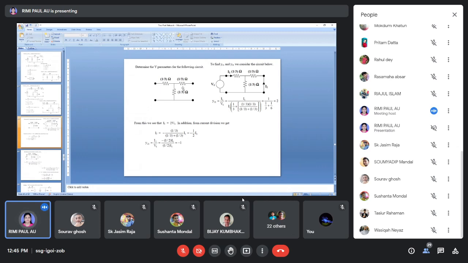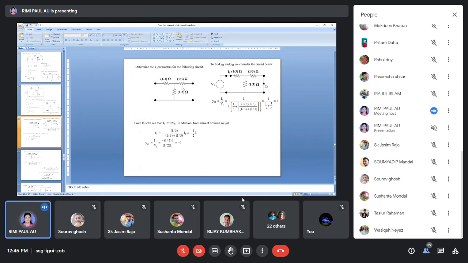For 3 experiments, you will take 3 A4 sheets. For rough sheet you can use both sides, but for the fair sheet, that means when you will submit your lab copy, at that time you will use only one side. Okay, so just take 3 rough A4 sheets.